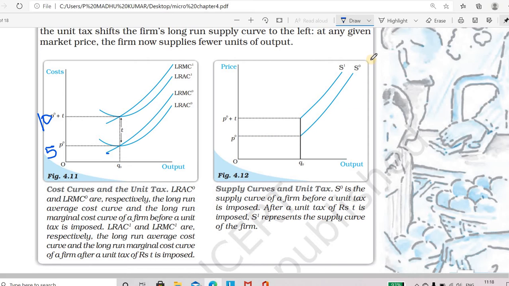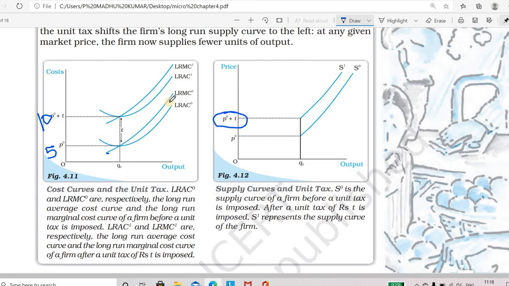When the unit tax is imposed by the government, the price shifts to P0 plus T. After the unit tax of T, S1 is the supply curve of the firm.